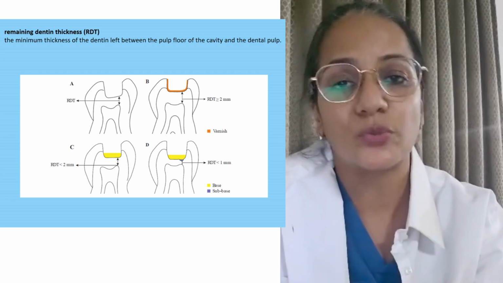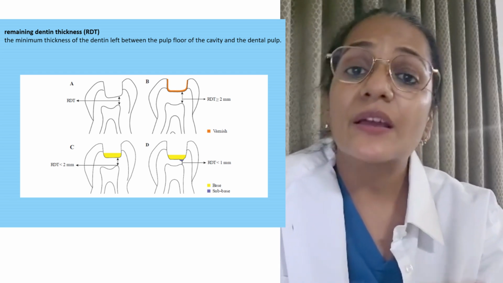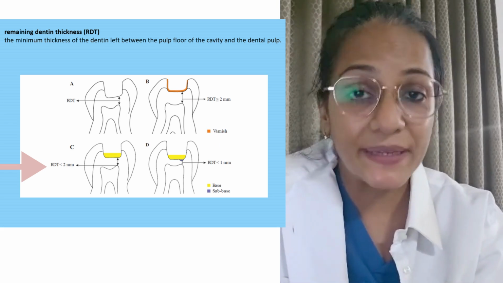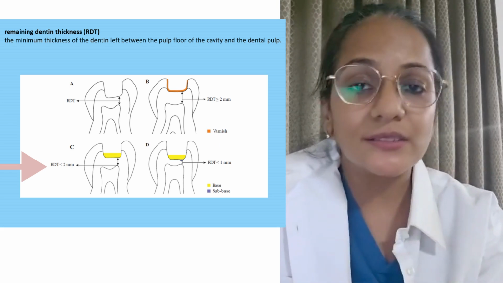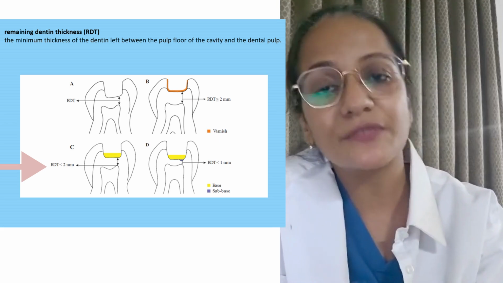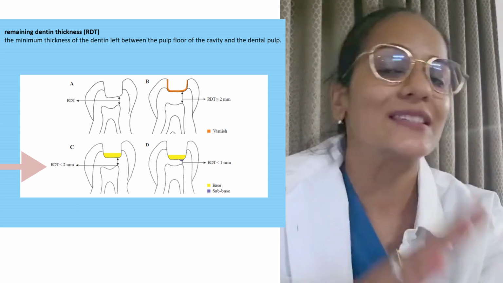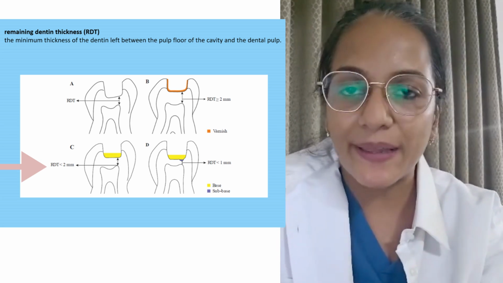That's why you need to have a protecting agent. If your remaining dentine thickness is 1 to 2 mm, you can always apply a base. Now for dental amalgam, what do we teach you in preclinical conservative? We tell you to apply a zinc phosphate base. So always remember, if your RDT is 1 to 2 mm, you need to apply a base.